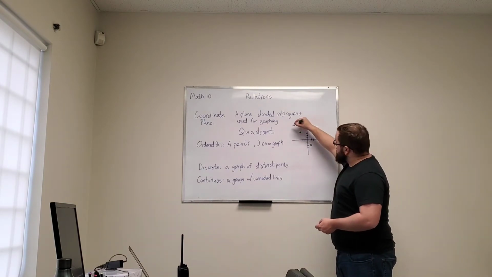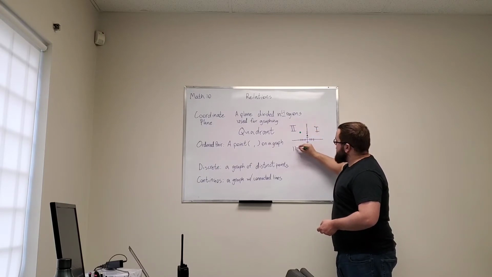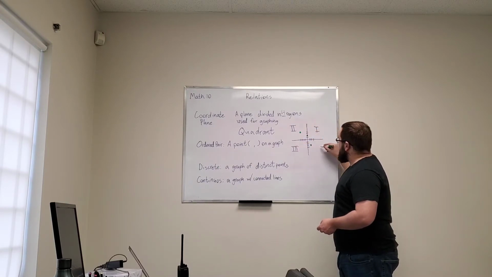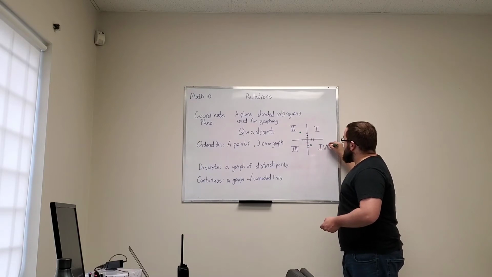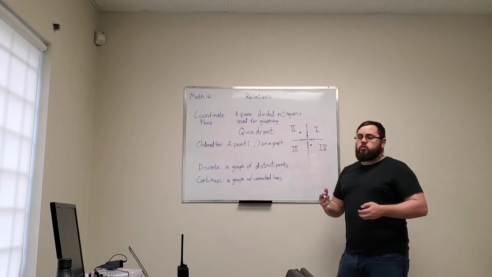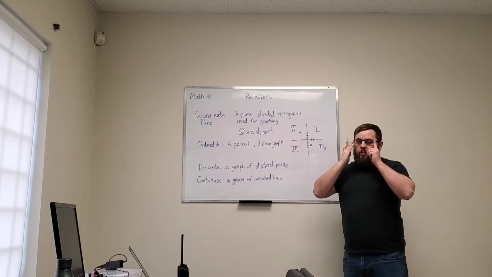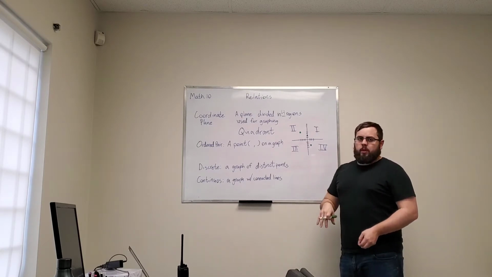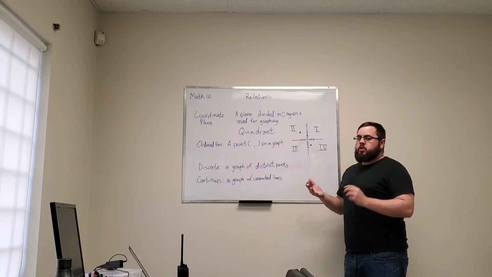So region 2 is here, region 3 is here, and region 4 is here. And we use Roman numerals to denote these. We don't just use numbers because we're using normal numbers elsewhere, possibly, so we don't want to get things mixed up.